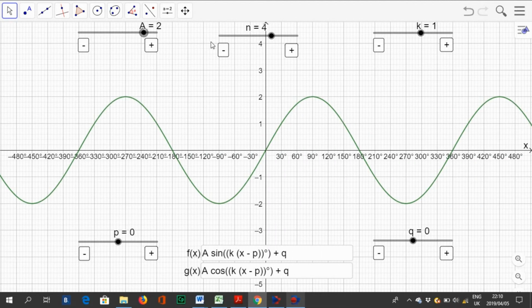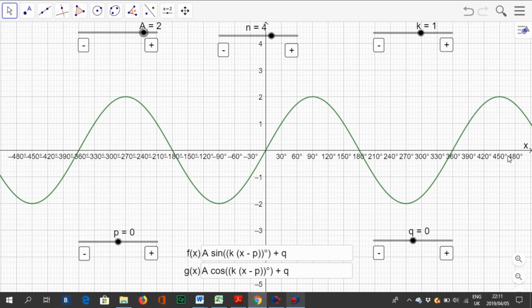Let's look at these inequalities that we've talked about in a practical situation. We've got a graph of sine here, and as you can see, it goes on and on to minus infinity, and on this side it will go on and on up to plus infinity. It is not bounded and it will go on forever.